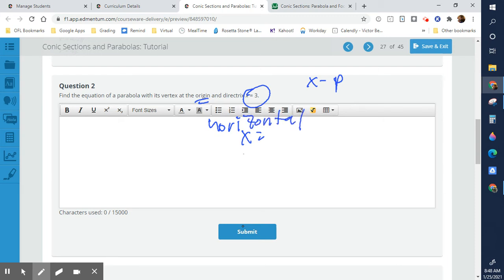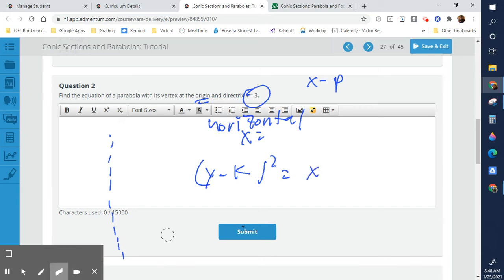Because we're dealing with a vertical directrix, x equals, it means we're dealing with a horizontal parabola. Ergo, we have to use the formula y minus k quantity squared equals, I'm getting ahead of myself.